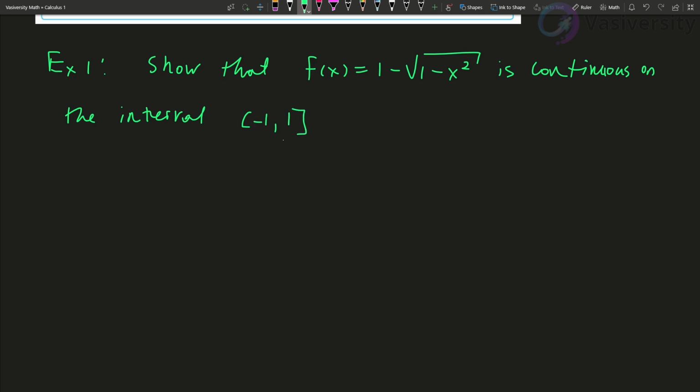What are we going to do? We're going to take the limit as x approaches a, where a should be in the interval.